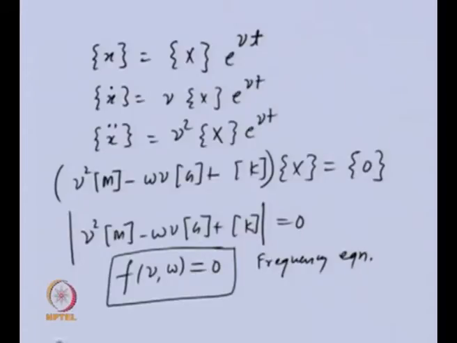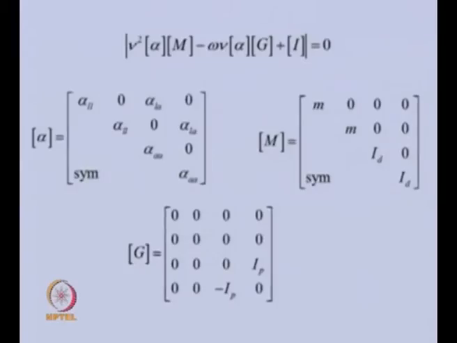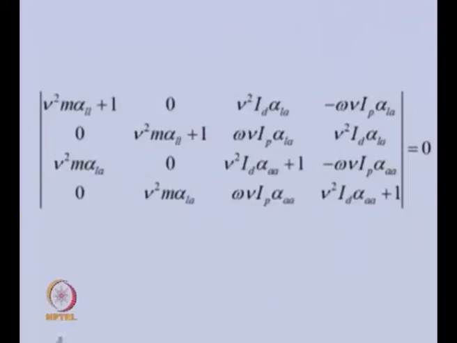If we want the critical speed directly, so this particular frequency equation which we wrote in the previous slide as a functional form, if we substitute various matrices in this, we can get a determinant like this. So, in this particular equation, the explicit form of nu and omega is evident here.